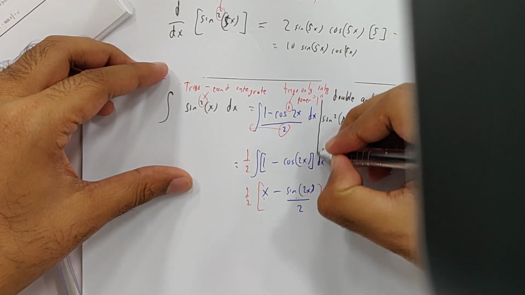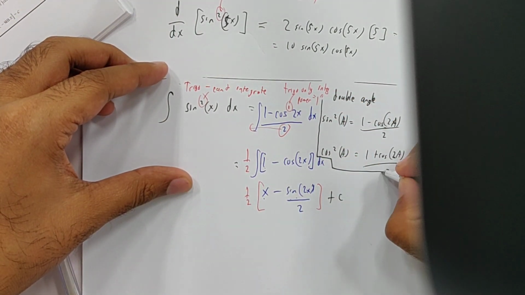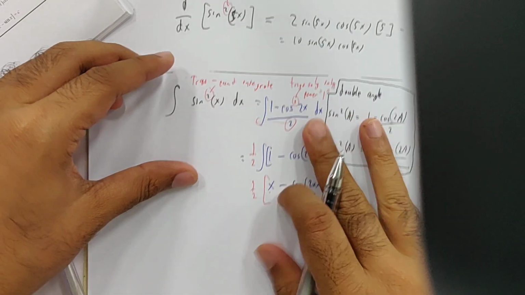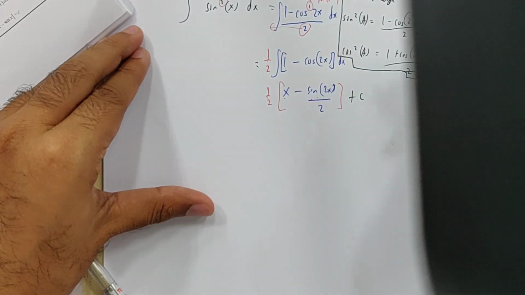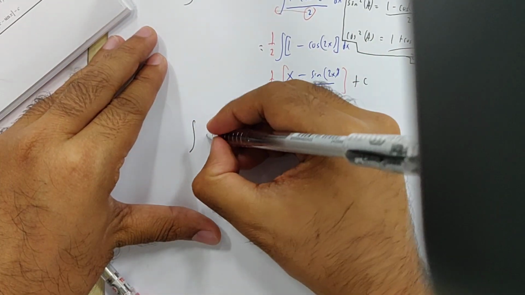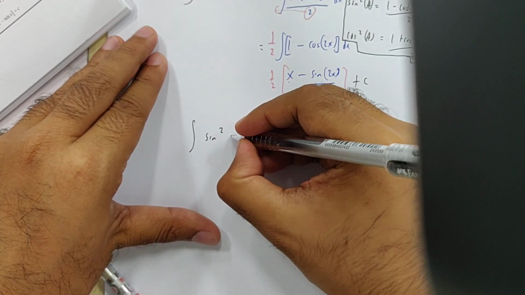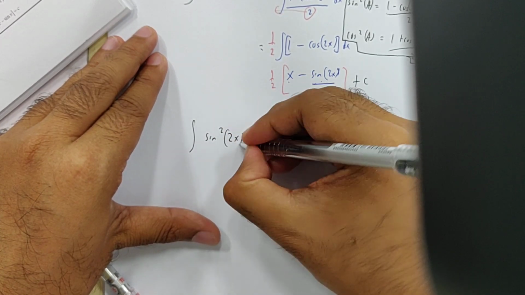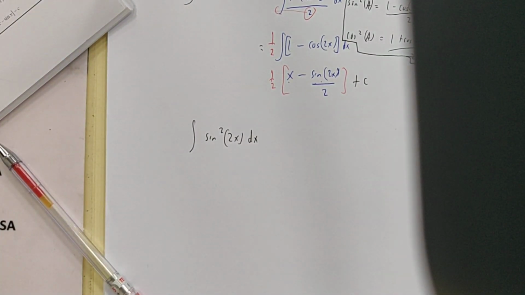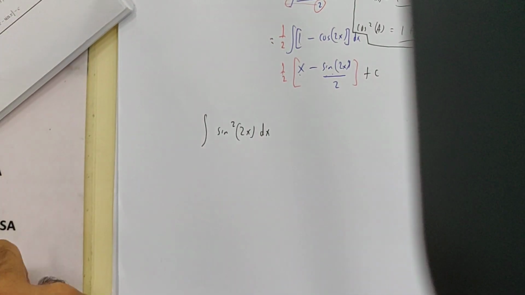So I would like you to try now. Oopsie. What about if you are given something like this? Try it. 1 minute. Let me give you 2.